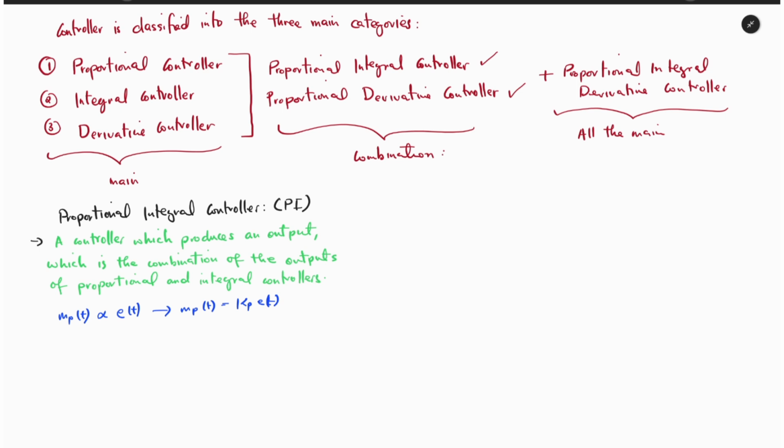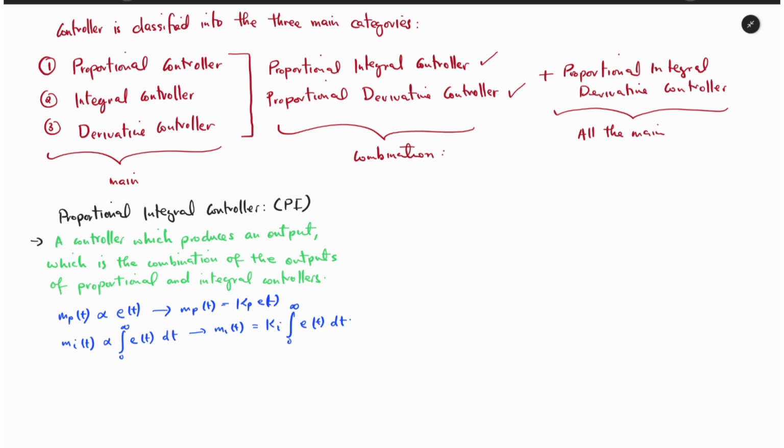And for the integral controller, we say that the output MI, which is the output of the integral controller, is proportional to the integration of the input. And the input is nothing but the error signal ET dt. And by removing the proportional sign, we now have MIT, which equals Ki integration of 0 to infinity, ET dt.